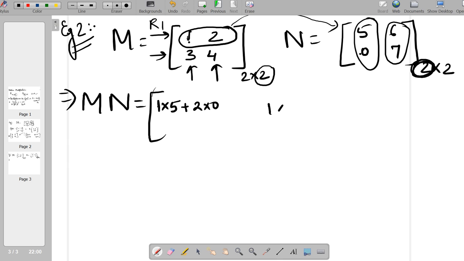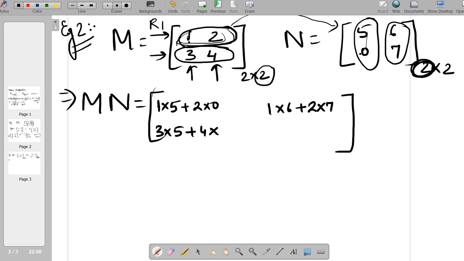It will be 1 into 6 plus 2 into 7. This row is done. Both the values 1 and 2 have been multiplied by column 1 and column 2. Now come to the second row, 3 and 4. First 3 will be multiplied by 5 and 4 will be multiplied by 0. Now again this second row will land on the second column. So 3 will be multiplied by 6 plus 4 multiplied by 7.